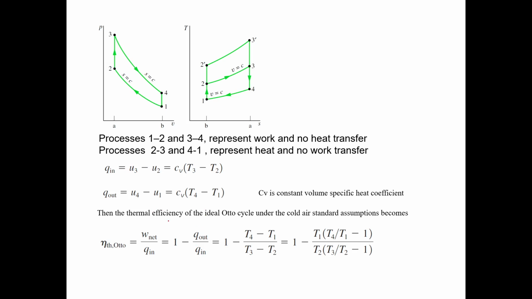Substituting from these two equations, Cv cancels out. Then we have 1 minus T4 minus T1 divided by T3 minus T2. Again we can rearrange this so that we get T1 out and T2 out.